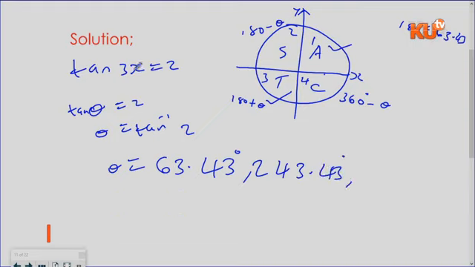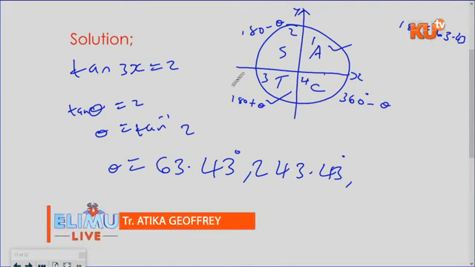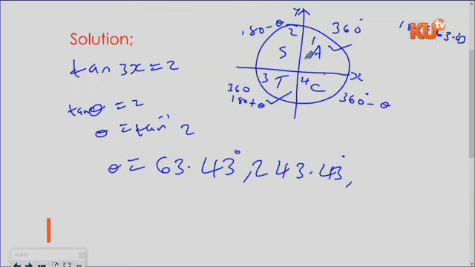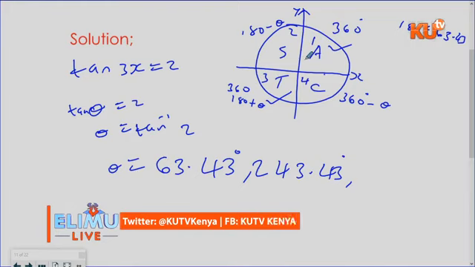And since we shall be dividing these values by 3, we can try to go to the second lap, the second round. So here you'll have to add 360, because now this is the second lap. Remember the range of x was given from 0 degrees to 360 degrees.